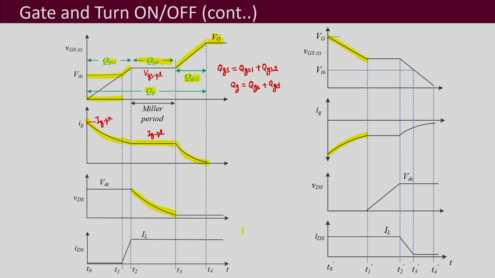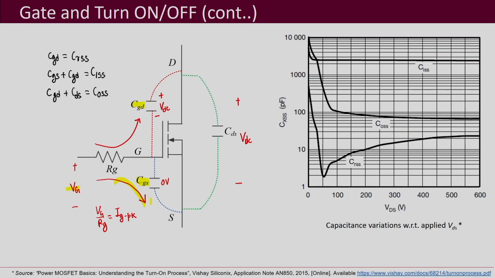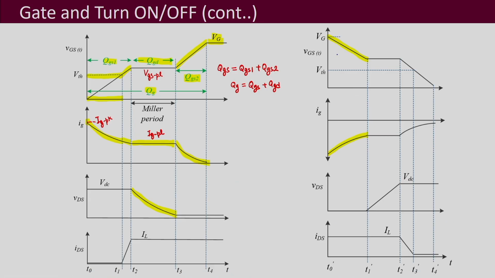So what is happening over here is that now the current is going to flow in this opposite direction while turning off, and it is going to discharge this CGS, whatever was the extra charge apart from what was associated with the Miller plateau voltage. Okay. So that means it is this QGS2 which is going to be taken off first, and at that time nothing happens.